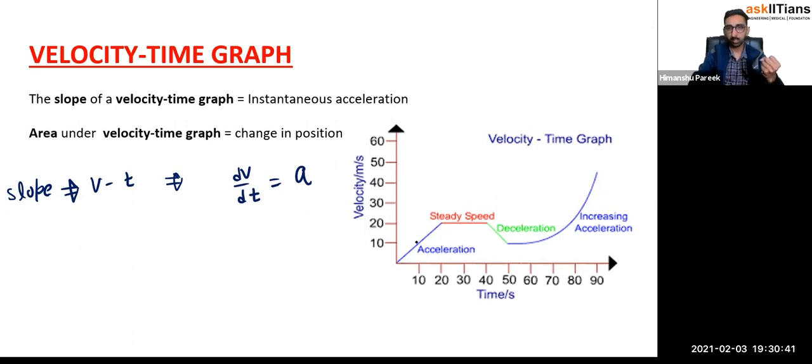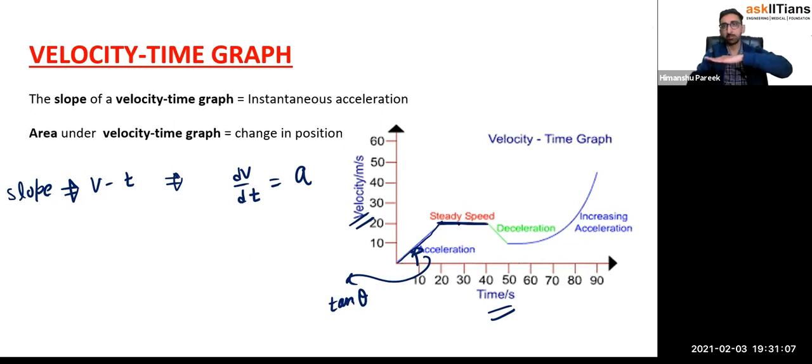Here you can see the velocity time graph is like this. This is the velocity on the y-axis, and time on the x-axis. If you first talk about this blue color line, this is the slope, which is tan theta. That would represent the acceleration, the slope of the velocity time graph. Now here you can see the speed is constant, so the slope is 0 here.